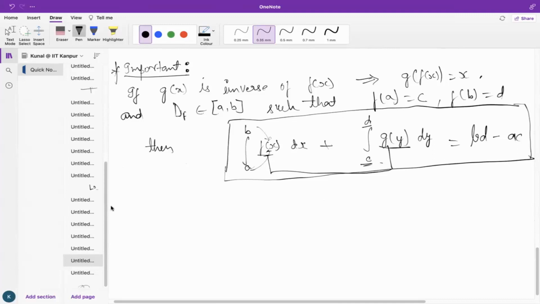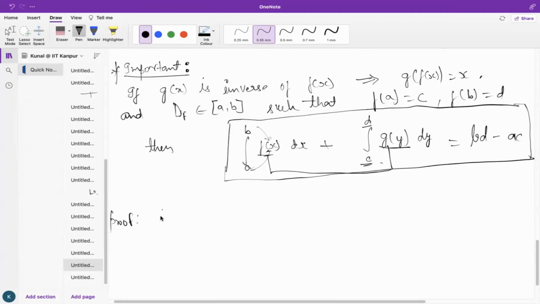Proof. What is given first? We have to integrate the function f(x) dx from a to b plus the integral of g(y) dy from c to d. Can we write 1 into f(x) dx, put it as u and v, and then apply integration by parts?